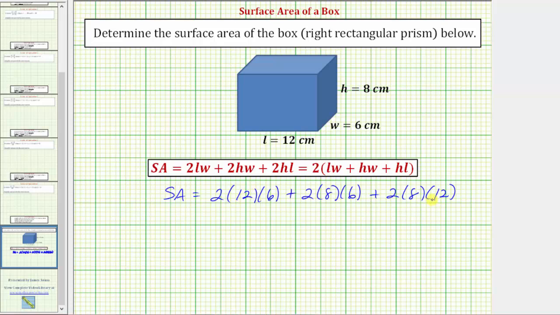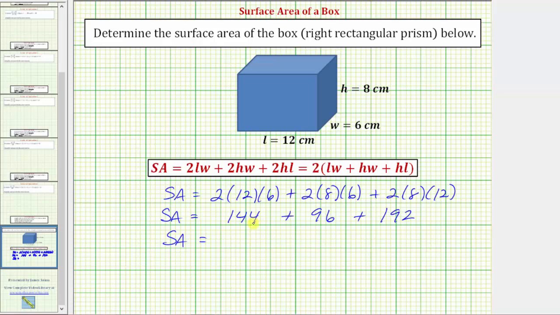Simplifying, we multiply before adding. So the surface area is equal to 2 times 12 times 6 equals 144, plus 2 times 8 times 6 equals 96, plus 2 times 8 times 12 equals 192.